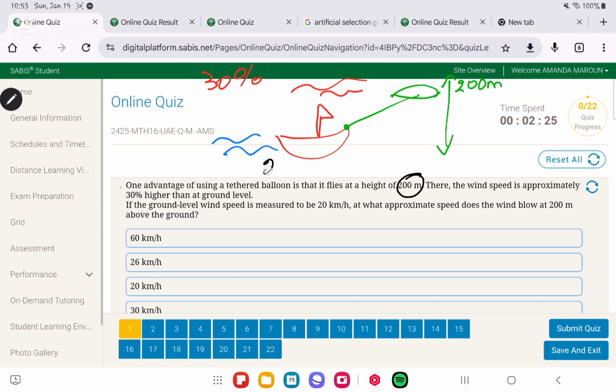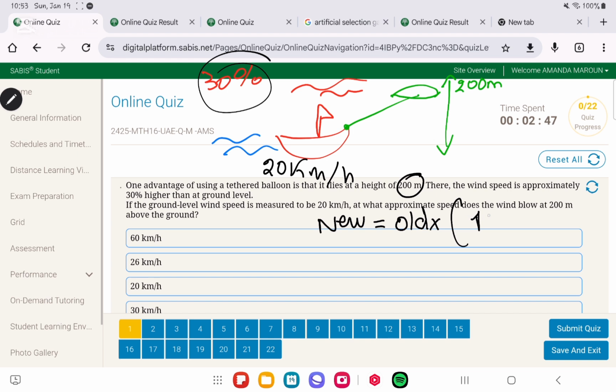Now, if at the ground it is 20 kilometers per hour, and we know that 200 meters above the ground it's 30% more, then we are going to apply this equation. The new is going to be equal to the old times 1 plus the percentage. Or in other terms, we are going to take our original speed, which is 20 kilometers per hour, and because it's approximately 30% higher, we are going to add.